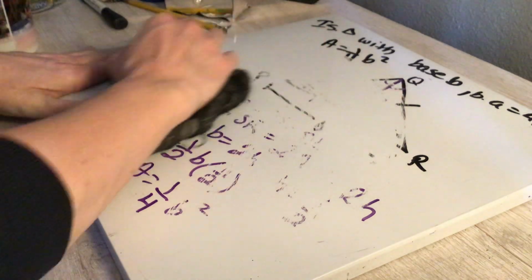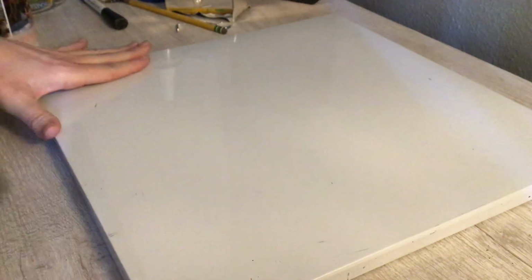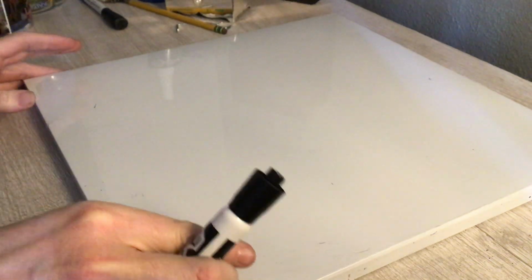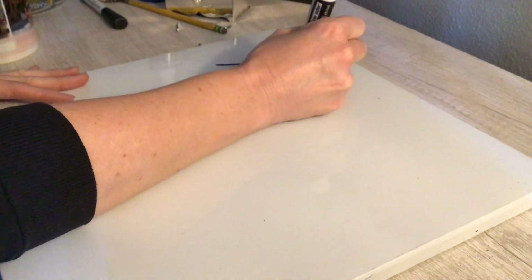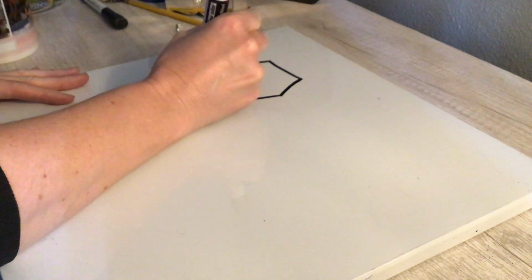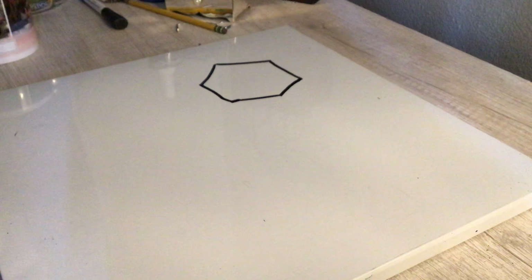Now, we are going to look at other polygons. Okay. Consider a hexagon, right? Hexagon is 6 sides. And we're going to consider a regular hexagon inscribed in a circle. Okay, so 6 sides. We're going to say all those sides are the same, and we're going to inscribe it in a circle.